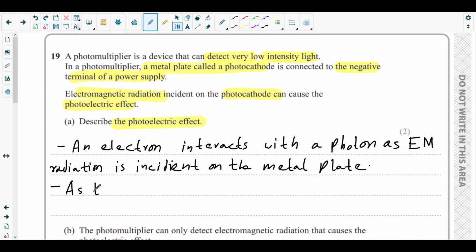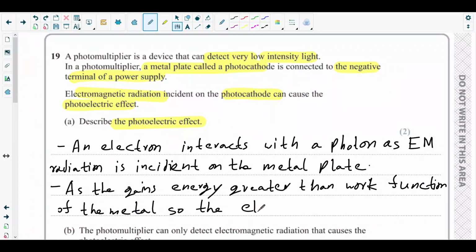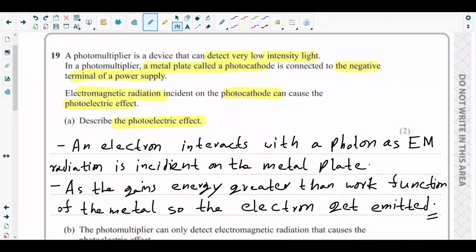As the electron gains energy greater than the work function of the metal, the electron gets emitted. This is the photoelectric effect. Fine. Okay. Next is part B.